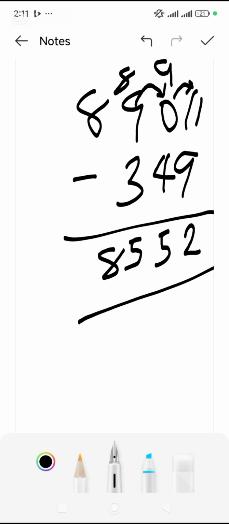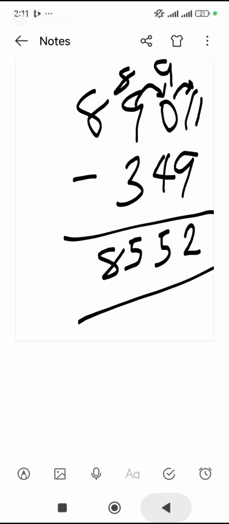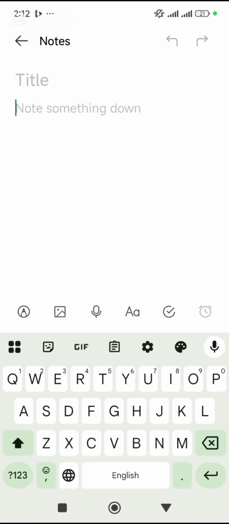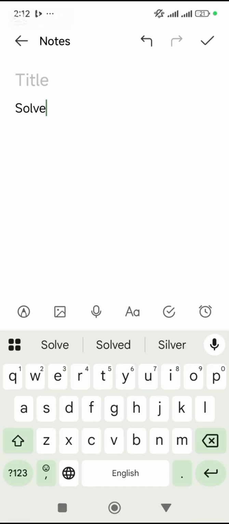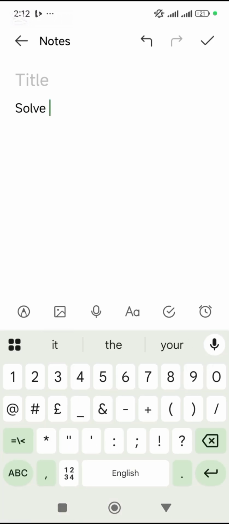I'm going to give you something to take home. Solve 900231 minus 89735.